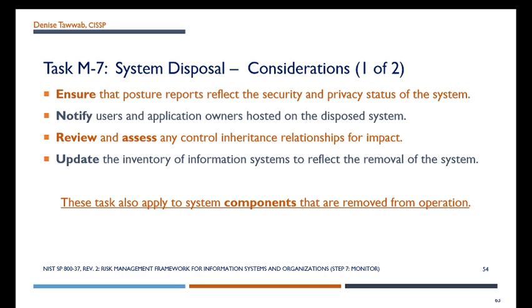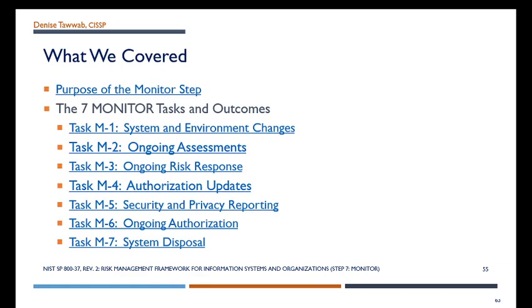These tasks also apply to system components that are removed from operation. So not just a full system, but also individual components of systems as well. And that is the last step in the last task in the monitoring step of the risk management framework.